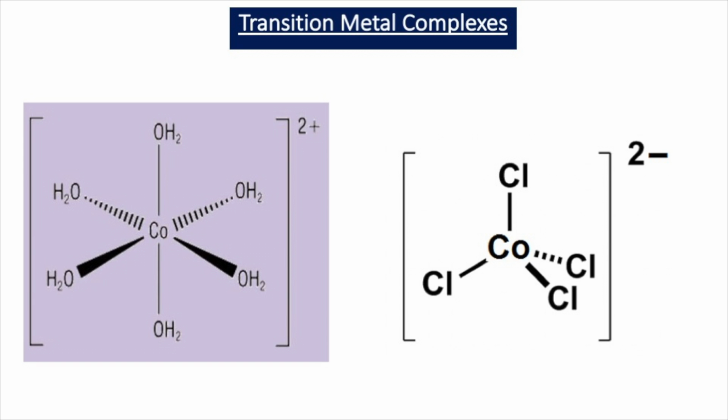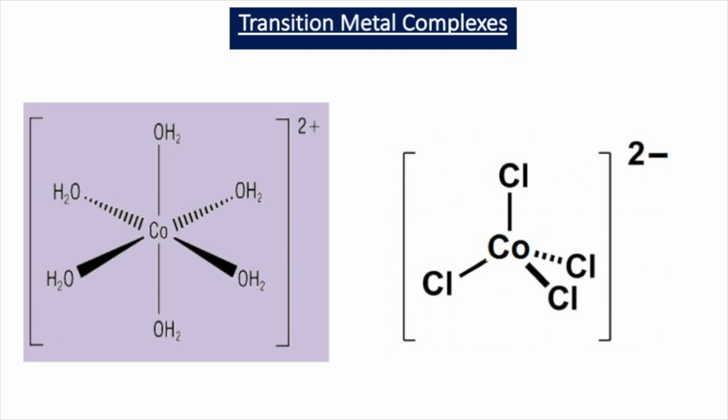The two transition metal complexes shown on this slide both give rise to coloured compounds. For example, the Co(H2O)6 2+ ion is pink in colour, and the CoCl4 2- ion is blue in colour.